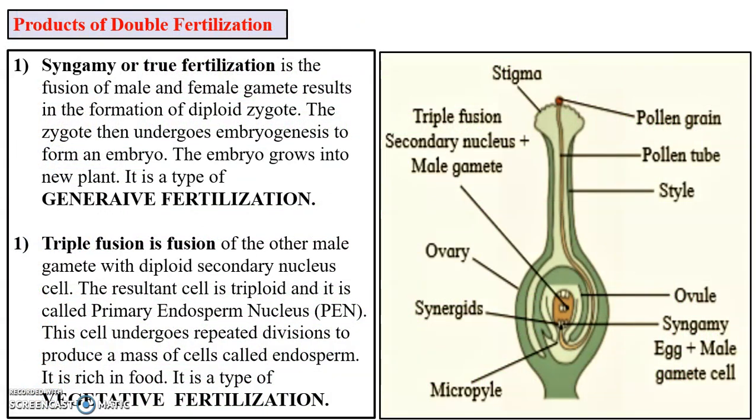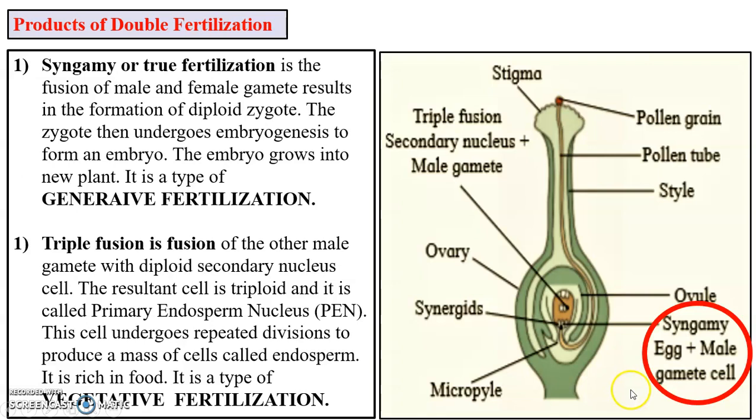What are the main products of double fertilization? The syngamy or true fertilization is the fusion of male and female gametes resulting in the formation of a diploid zygote. The zygote then undergoes embryogenesis to form an embryo. The embryo grows into a new plant and this is called generative fertilization.